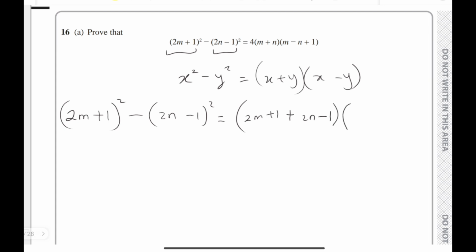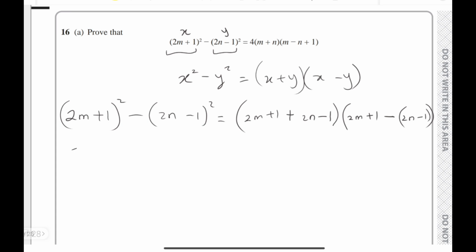So x minus y is going to be 2m plus 1 minus, then I open bracket, y is 2n minus 1, close bracket. What I've done is represent this with x and this with y, so my x is 2m plus 1 and my y is 2n minus 1.